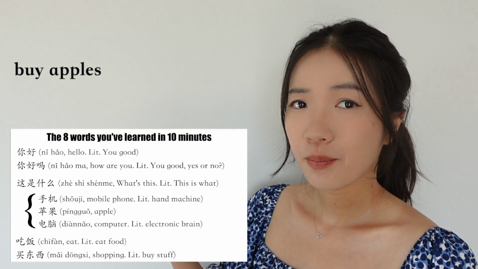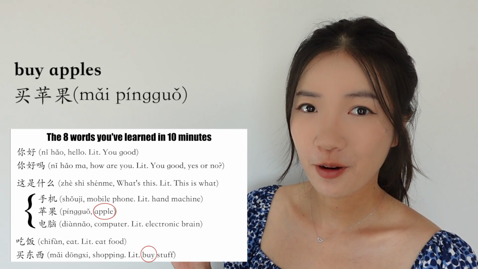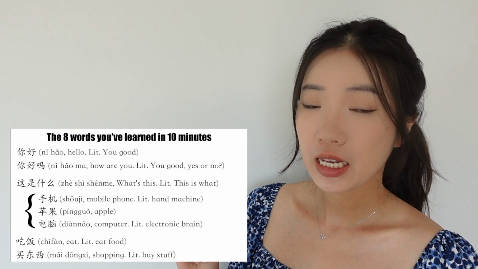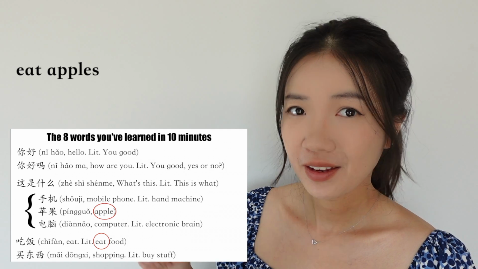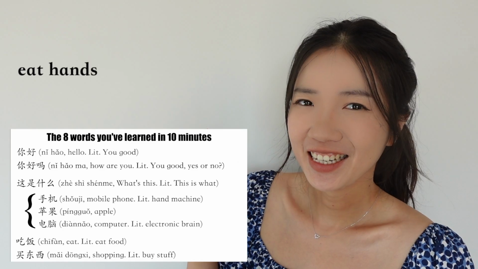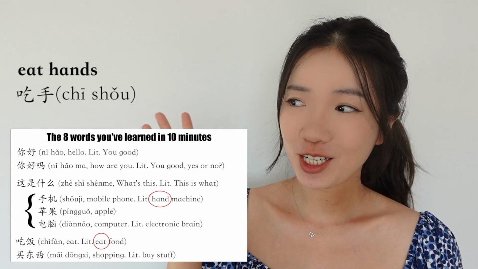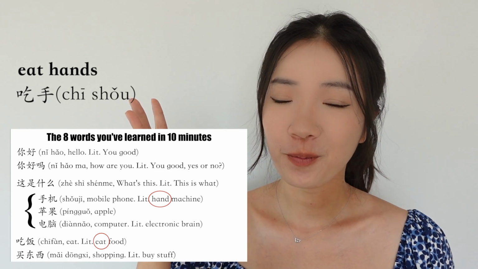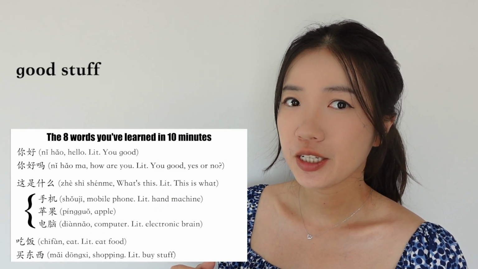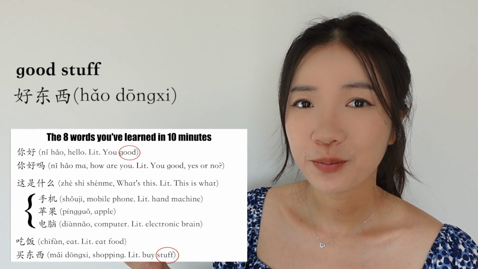How do you say buy apples? 买苹果. How do you say eat apples? 吃苹果. How do you say eat hands? Like the babies, they eat their fingers. 吃手. And how do you say good stuff? 好东西.